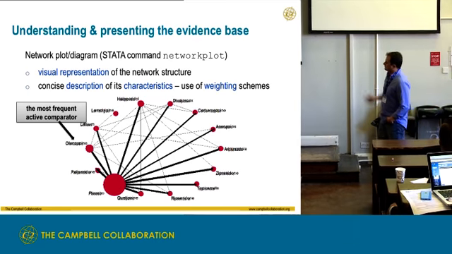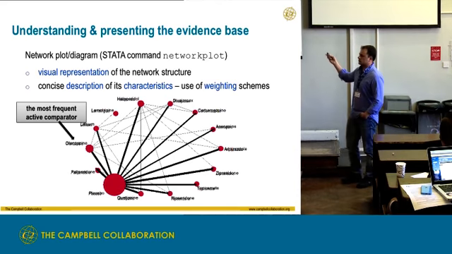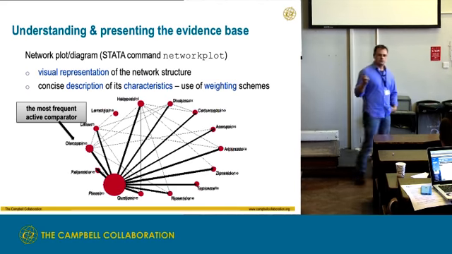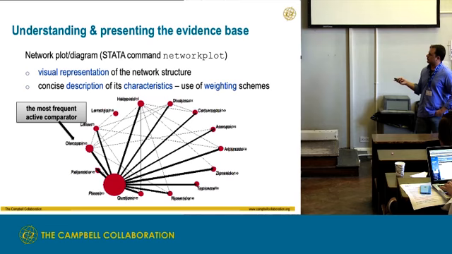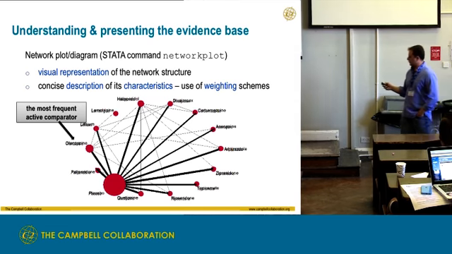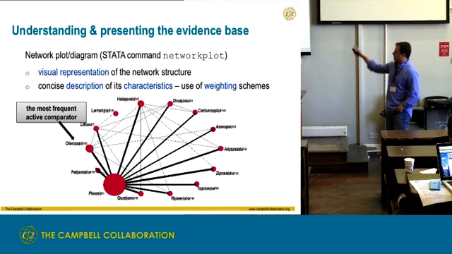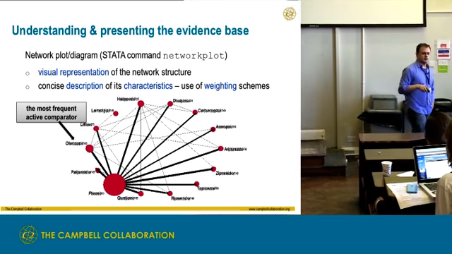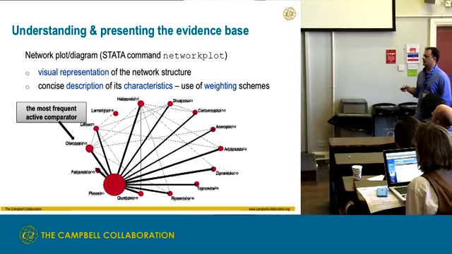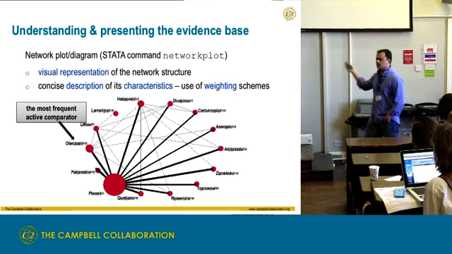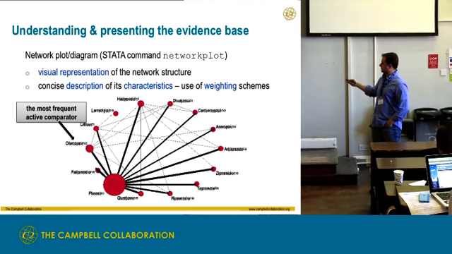And so actually here you can see that most treatments involve placebo. You can also see from the active treatments, the most frequent is olanzapine. The thickness of the edges is proportional to the number of studies that have this comparison.